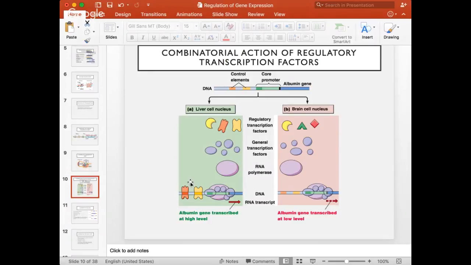But in the brain cell nucleus, where it does not bind, it's still transcribed, but at a basal level, because transcription is still going to happen without the enhancer, just at a basal low level. So that is it for the regulation of gene expression in the initiation of transcription at the genome level.